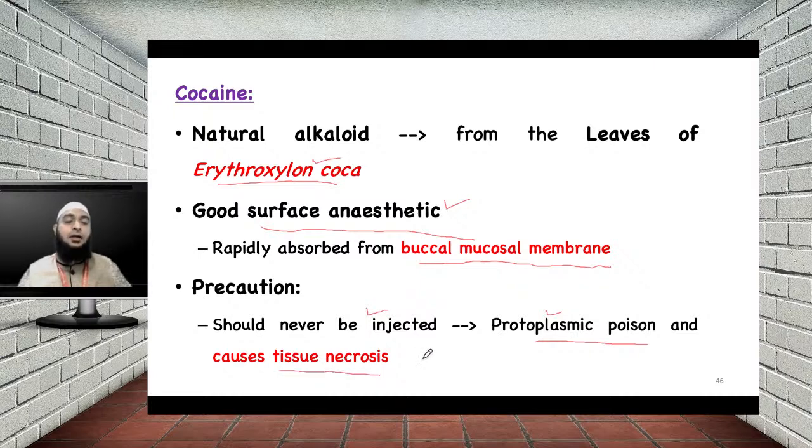At that area you may see complete necrosis of the tissue. This is the precaution that you need to exercise in case of cocaine, and you must remember as a pharmacist, it should never be injected. Why? Because it is a protoplasmic poison, produces the death of the cell, and in severe cases it causes tissue necrosis. Okay, so this is the unique property of cocaine.